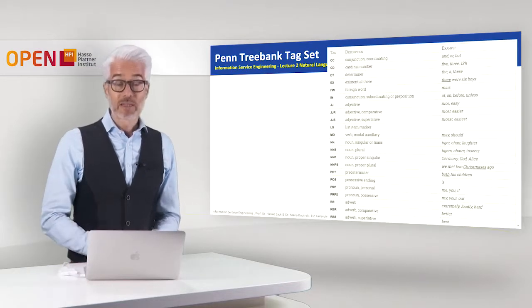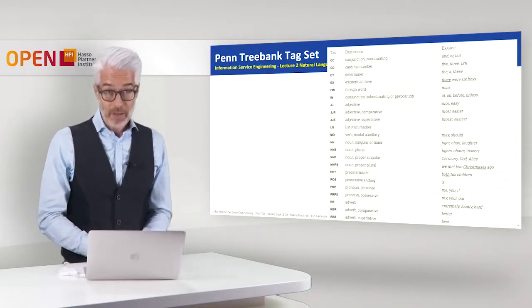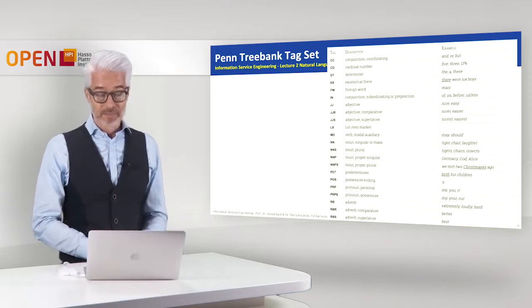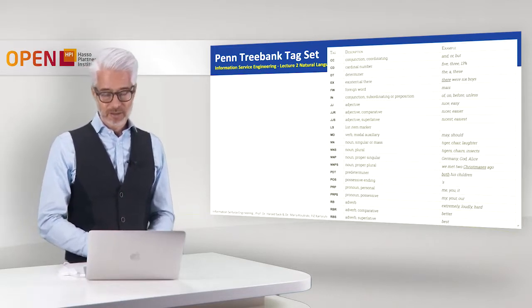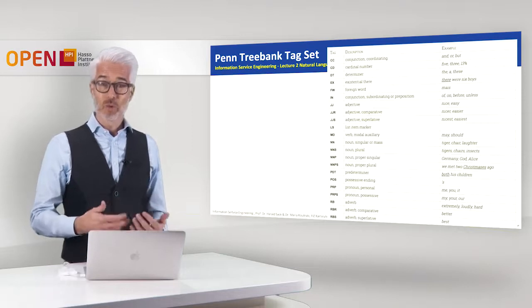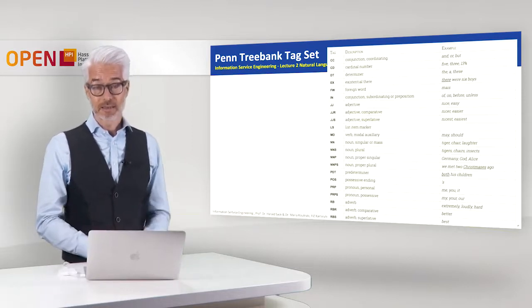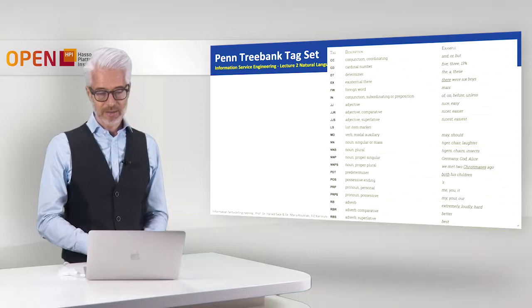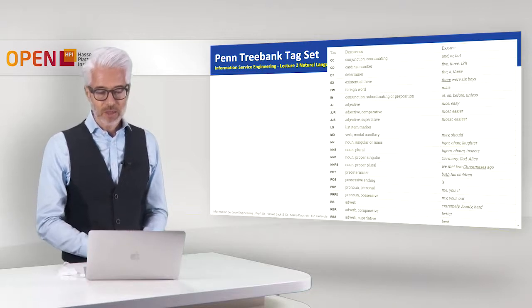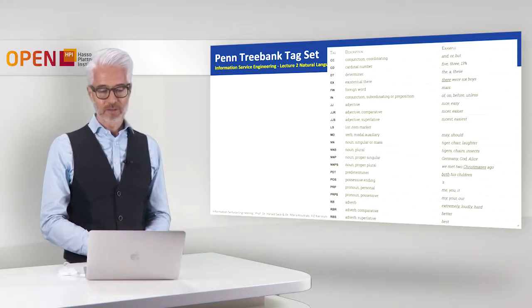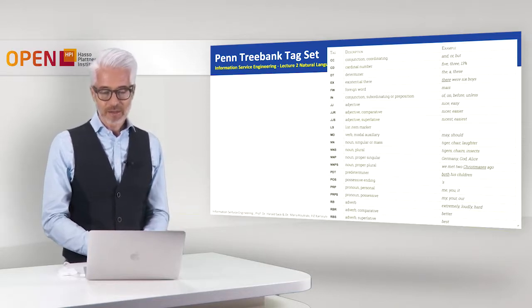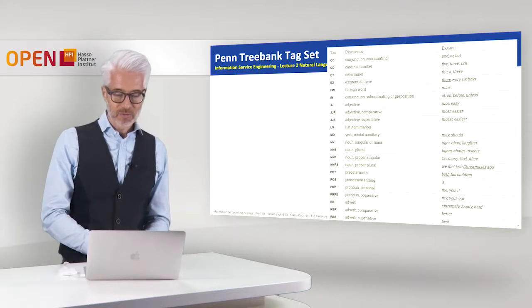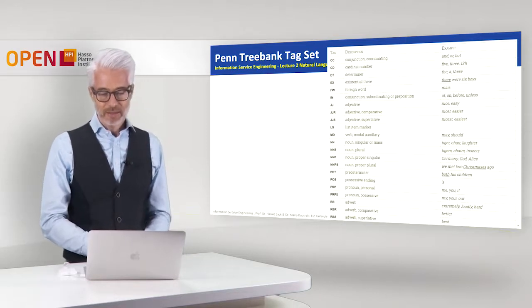Talking about remembering, let's have a look on the Penn Treebank tag set. You see here it's 45 tags, and of course it's a bit more elaborated than the 8 tags that we have already seen. So it starts here, for example, with conjunctions, then there comes cardinal numbers, then comes a determiner, then there is an extension there, then a foreign word, then conjunctions, adjectives, then there are comparative adjectives, superlative adjectives, and so on.